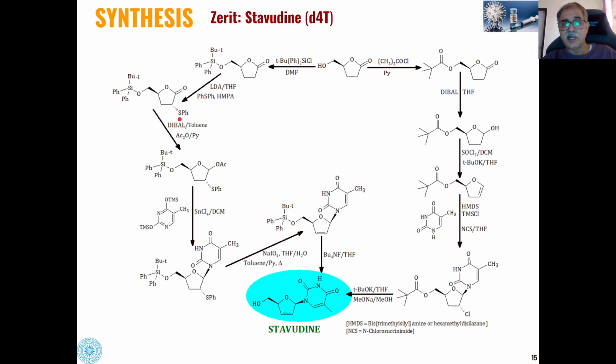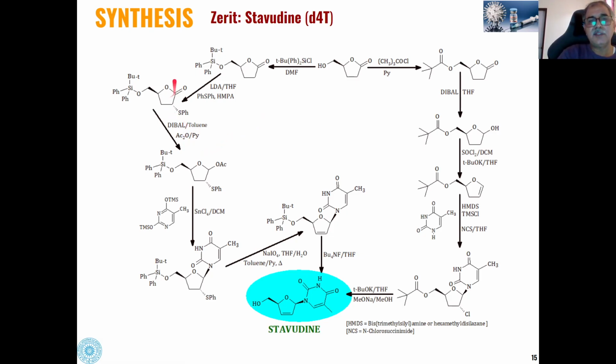This will add an S-phenyl group at this position. First, this lithium diisopropylamide will create a carbanion at this position, so an enolate will be formed. Then that carbanion will attack the diphenyl disulfide, and this SPh group will get attached.